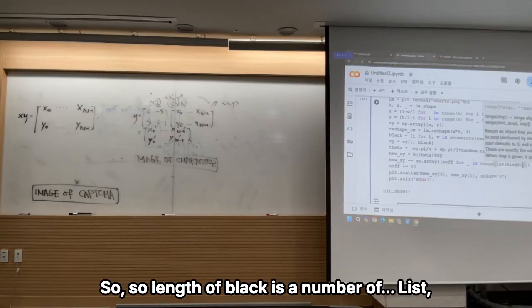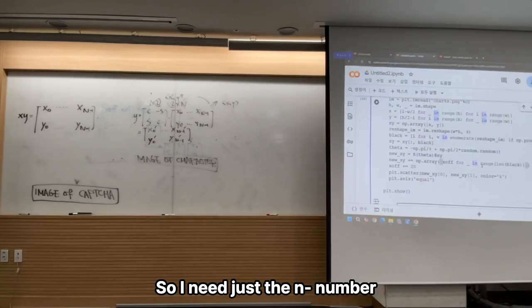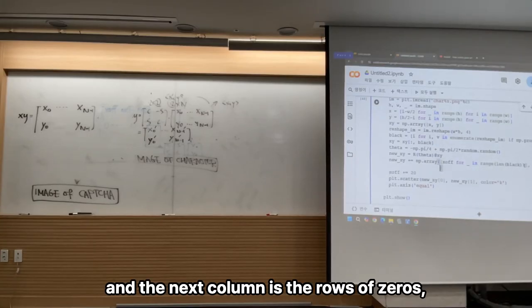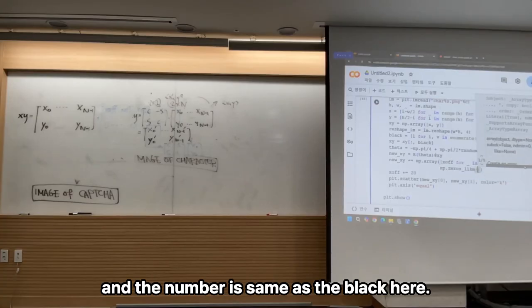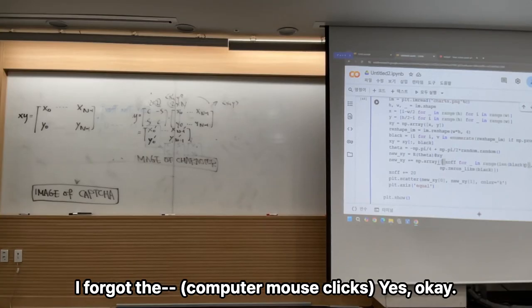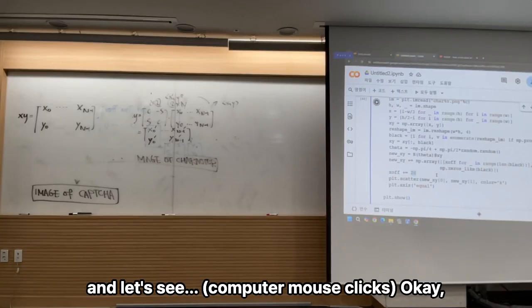So the length of black is the number of lists of the index where the pixels are 0. So I need just the number of columns to be that much. And the next column is the rows of zeros, and the number is the same as the black here. And then NumPy array, I forgot that, yes, okay, so we have it here.